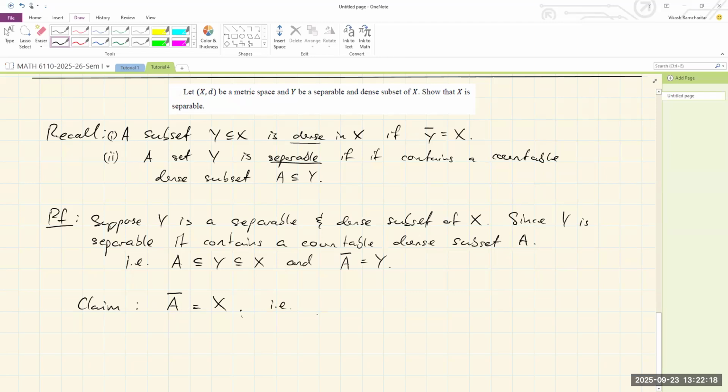So in other words, this means that X is contained in A bar, okay? Because A bar is obviously contained in X. So I want to show that.